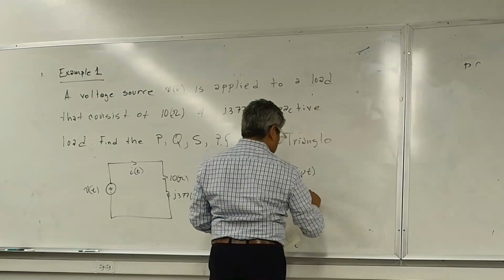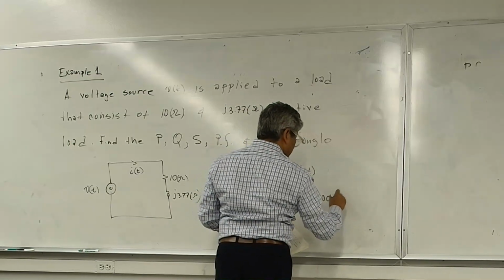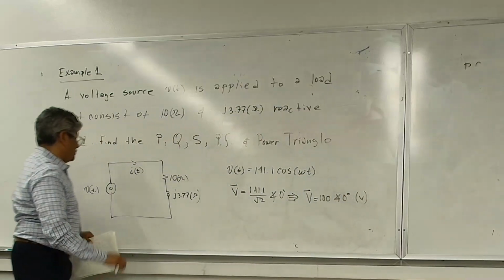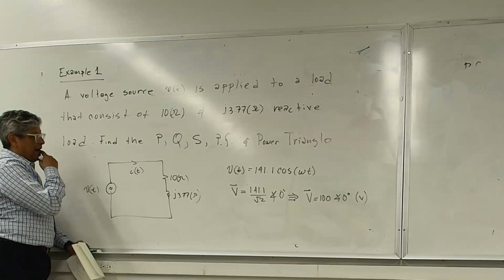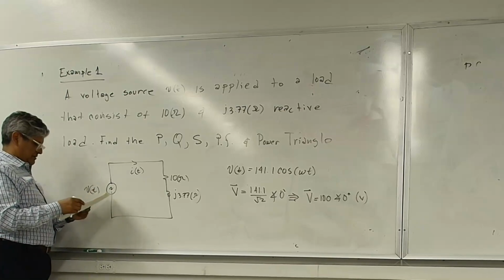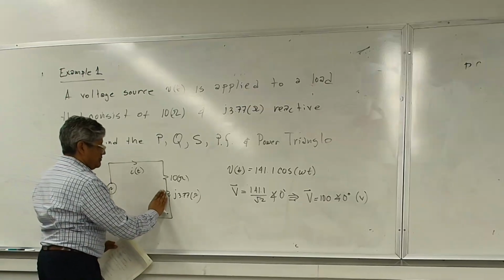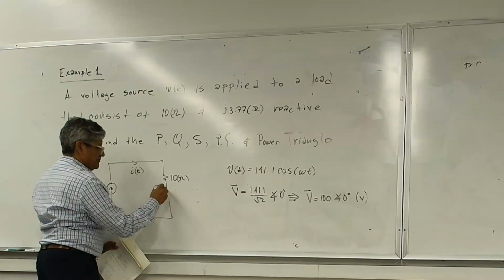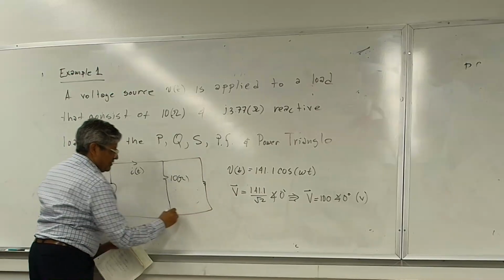Or V phasor is equal to 100 volts at an angle of 0 degrees. So that's my reference. Hold on a second. I almost messed it up. They're parallel. Sorry about that.